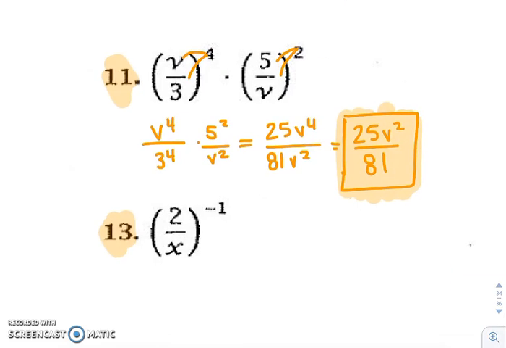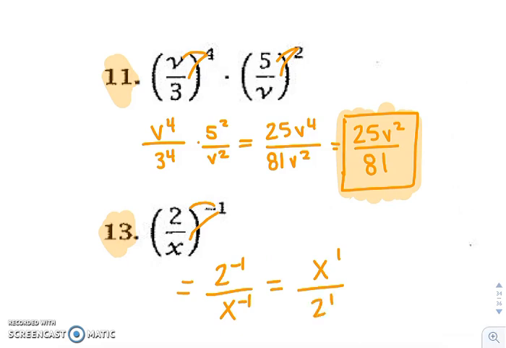Number 13, same thing. I like to distribute that exponent in there to everything. So 2 to the negative 1st over x to the negative 1st. In this case, they both have a negative exponent. They both need to be moved. So what's going to happen is x is going to come to the top and have now a positive exponent, and 2 will go to the bottom and have a positive exponent.